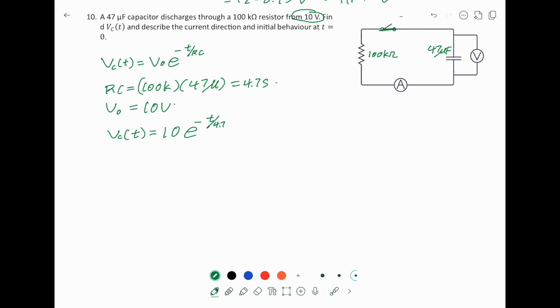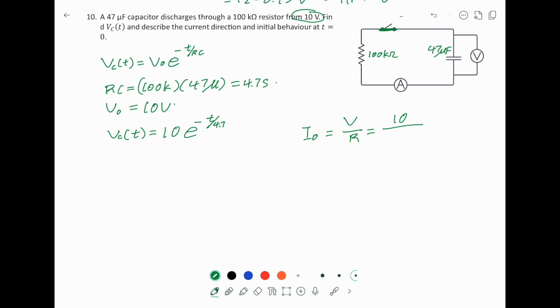When the switch is closed, there will be an initial current flow, I naught, which equals V over R, where V is the charge in the capacitor, which is 10.